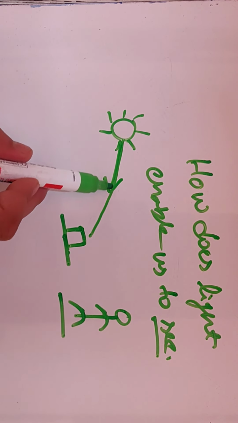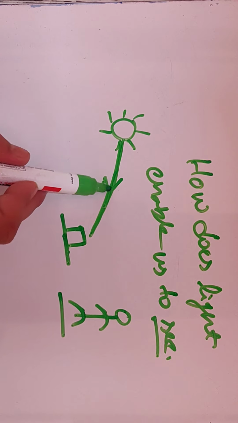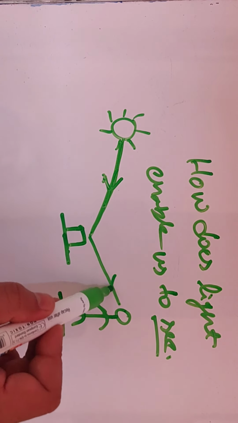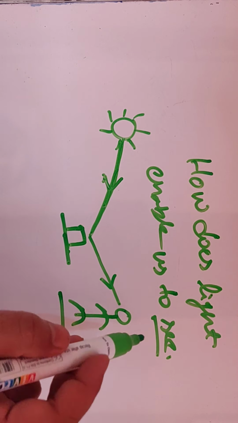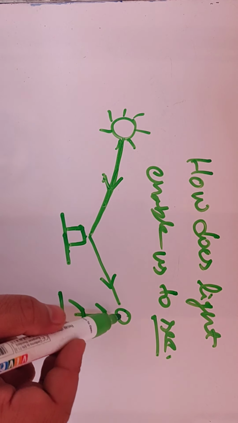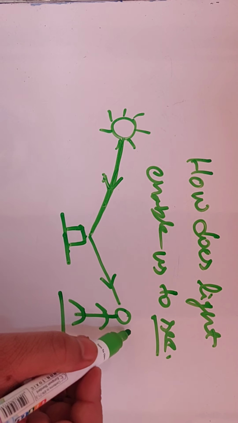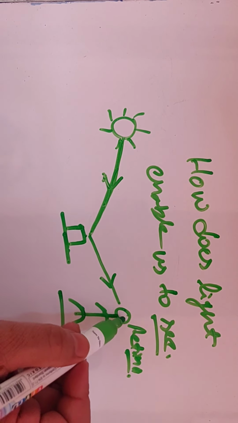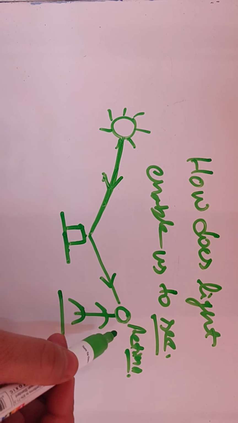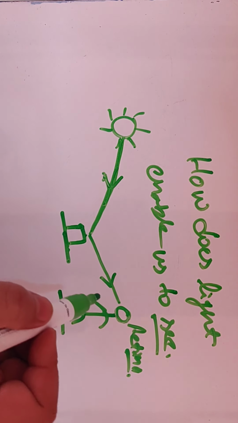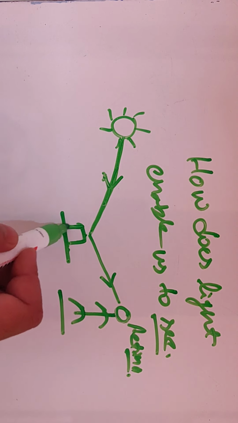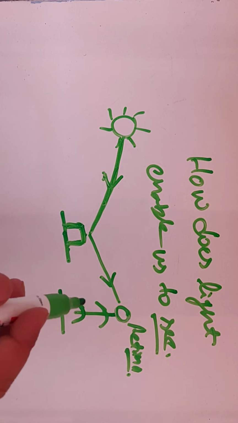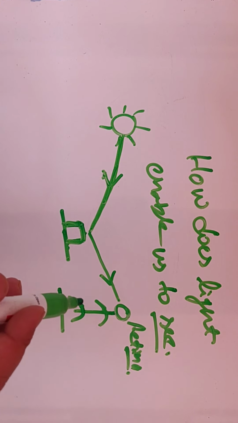Light always travels in a straight line. So it falls on this object, and from there it gets reflected from this surface and then reaches the retina or the eye of this person, and that is how he is able to see this object. So this is how light enables us to see things.